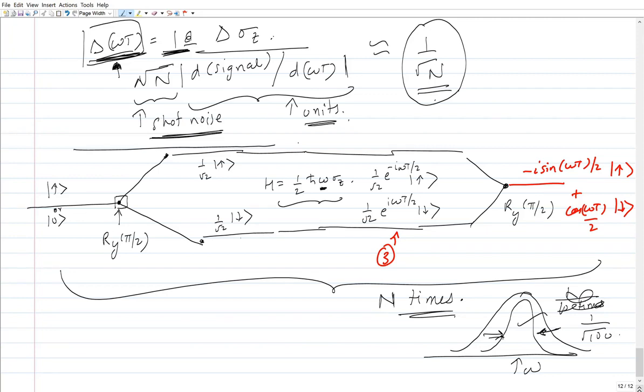So n independent trials of this experiment with n independent atoms give me a scaling of 1 over square root of n. Now the question that arises is, can we do better than a square root of 1 by n scaling?